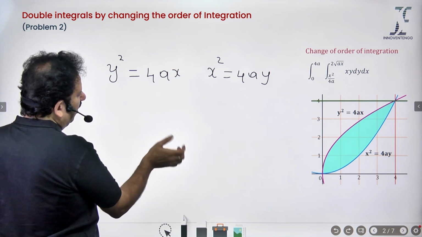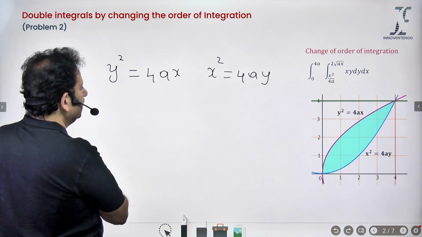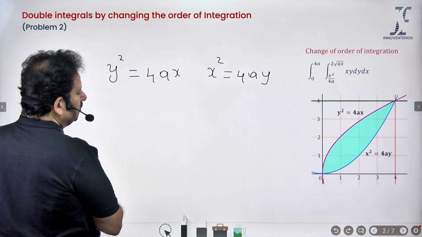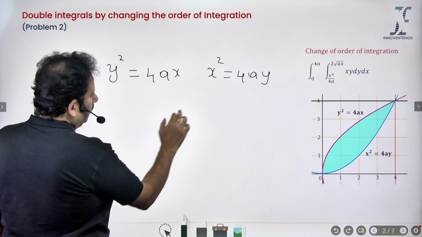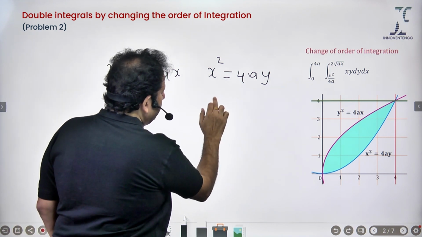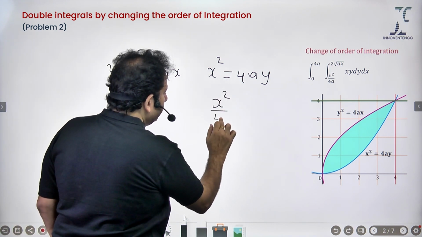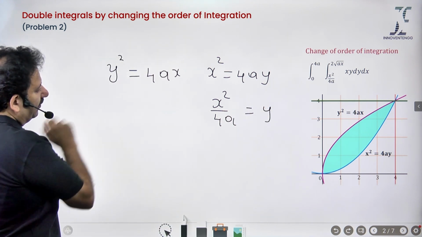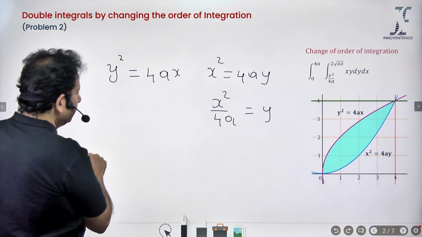So how would I do that? Substitute x or y in one of the equations. Now that I have the definition of y here, I can substitute because I need x. So what is the definition of y here? It is x square by 4a, right? Can I plug this over here, because I have y square here?